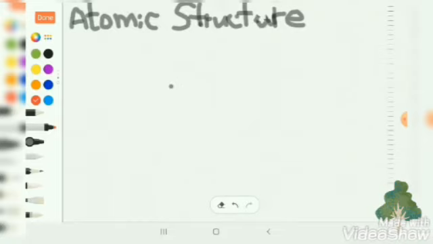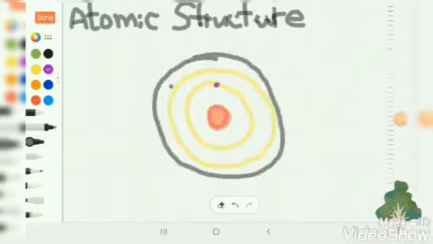So to overcome that limitation, a new model came into existence that is known as Bohr's model. Electrons revolve in certain discrete orbits, and this orbit consists of some accurate energy, and as the levels of orbits increases, consider this as first orbit and this as second orbit, this as third orbit.